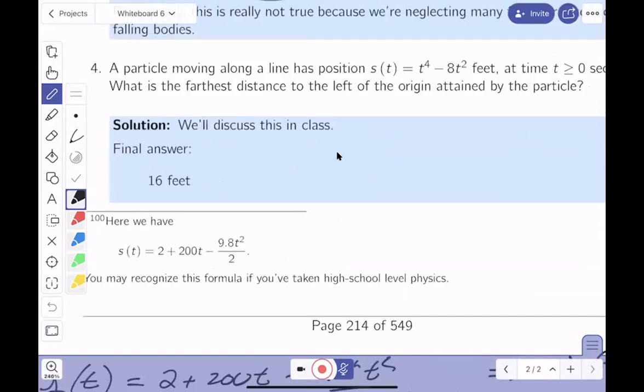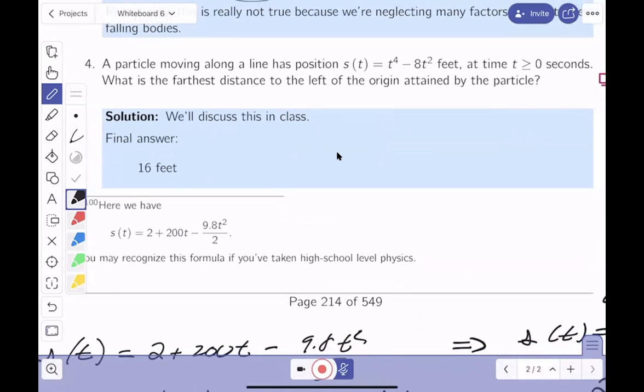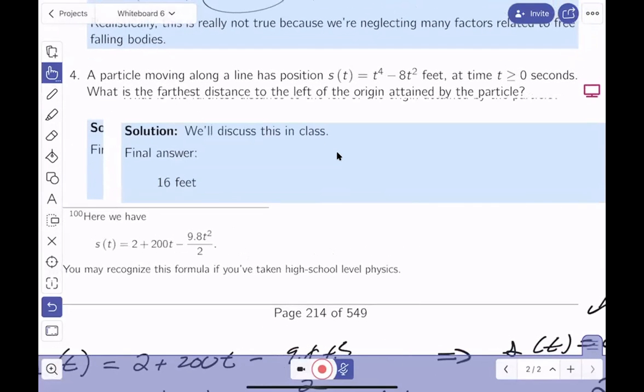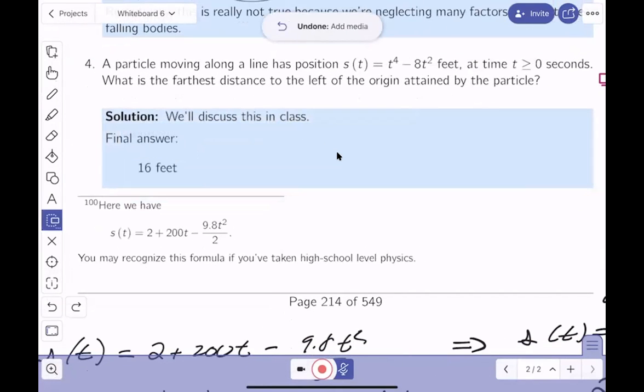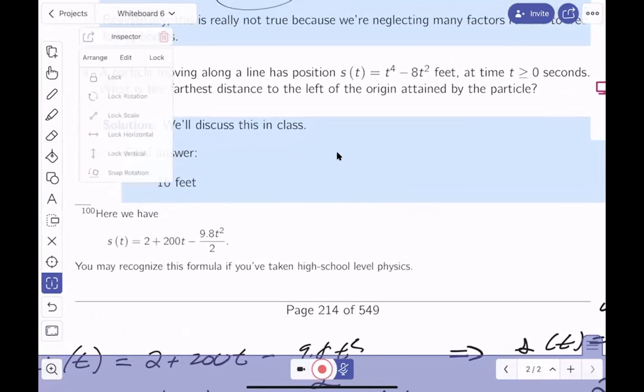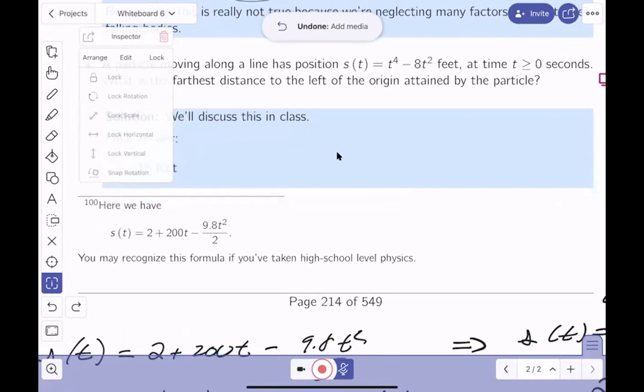And number 4 is a particle. I got to pull this on the side, by the way, because I'm running out of room. Oh, I made a mistake. Sorry about that. I did it again. Give me 1 second here.